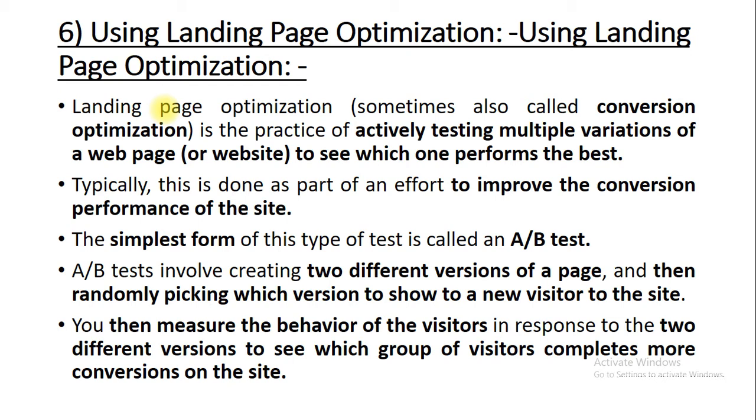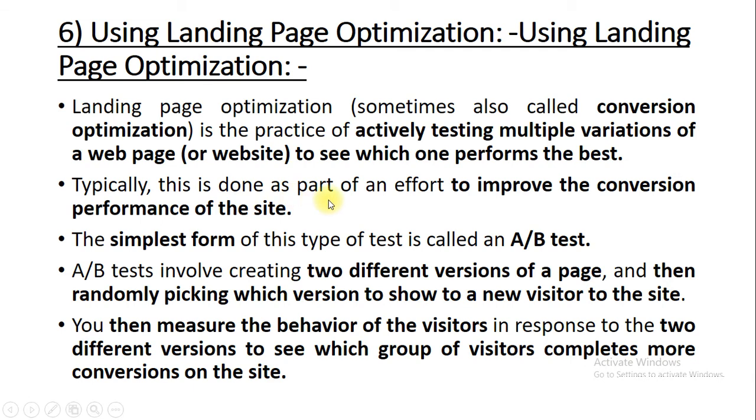Now you show both pages to the visitors, and you test which page people visit, or which page creates the maximum conversions on the website. So landing page optimization is the practice of actively testing multiple variations of the page or website to see which performs the best.